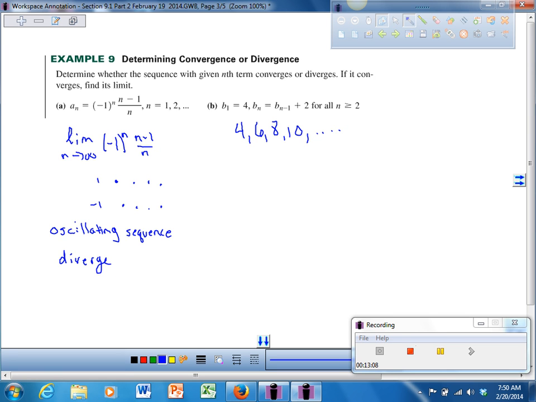So I could come up with an explicit definition for my sequence, but do I need to? Sergey, is that going to converge? No, it's getting huge, right? It's going to continue to get bigger and bigger. So simply by looking at this, we can see it's not going to converge to any number because it's always getting larger. So this one diverges also.